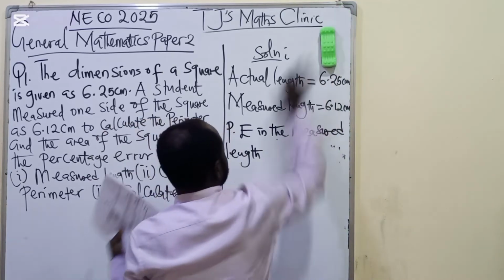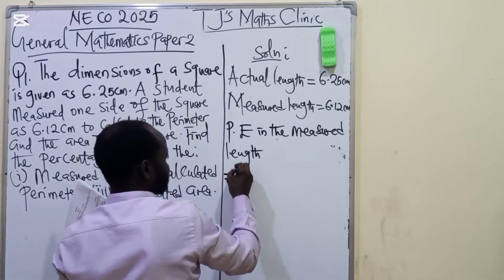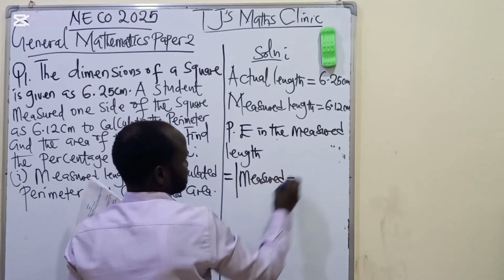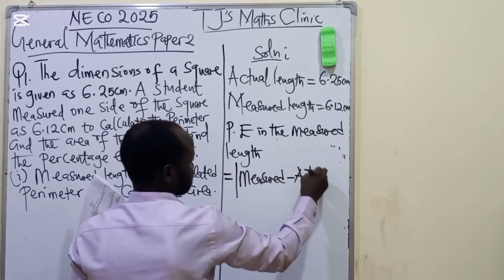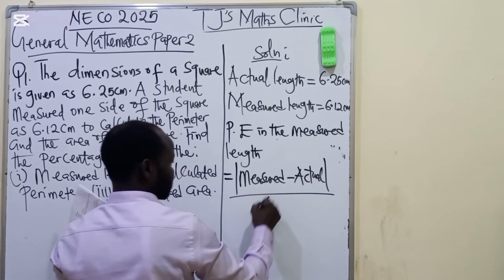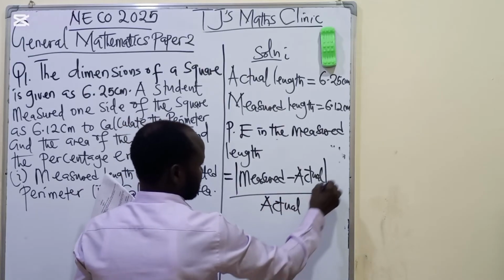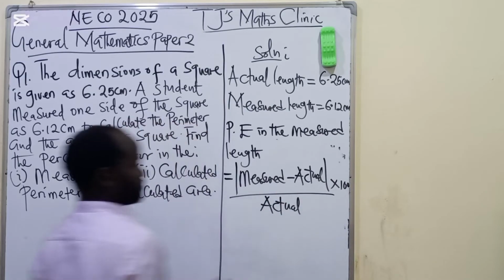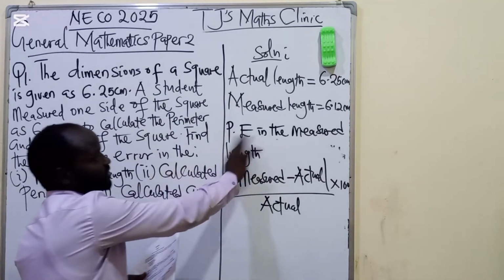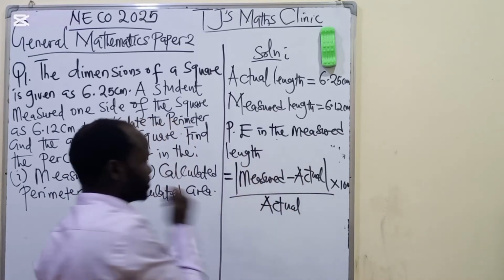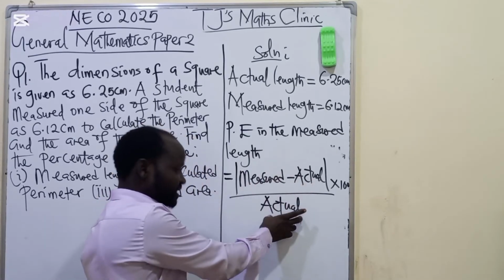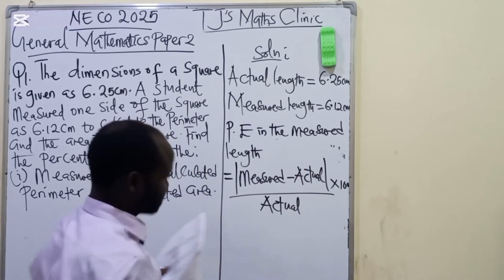Percentage error will be equal to the absolute value of measured minus actual, that's all in absolute value, divided by the actual, multiplied by 100. So this is the formula we're going to use for Roman numeral 1. Percentage error in measured length will be the absolute value of measured minus actual divided by actual times 100%.